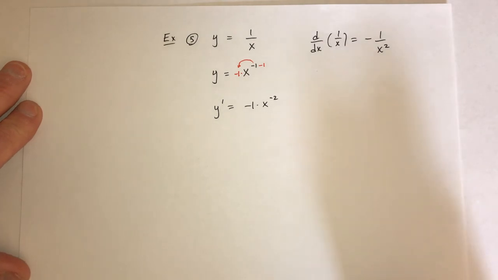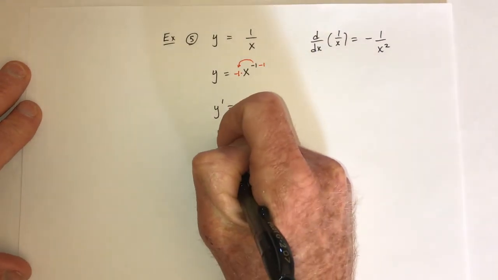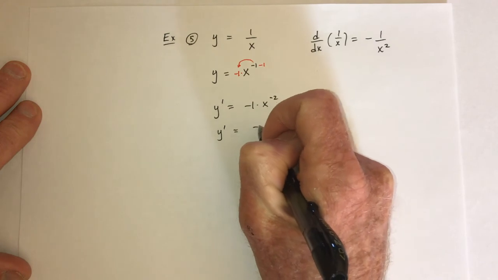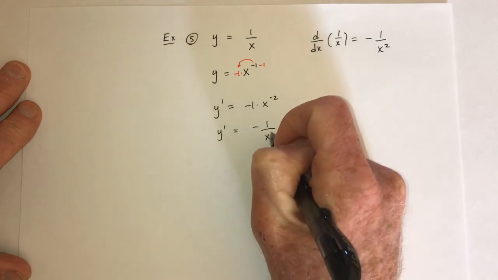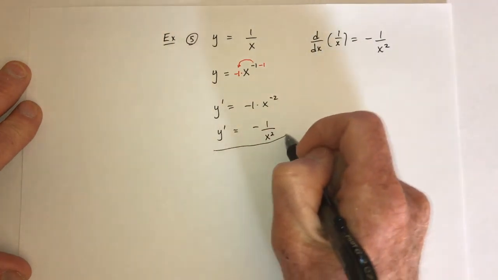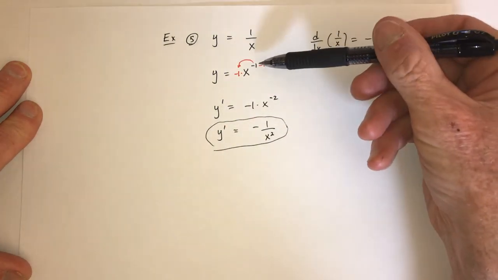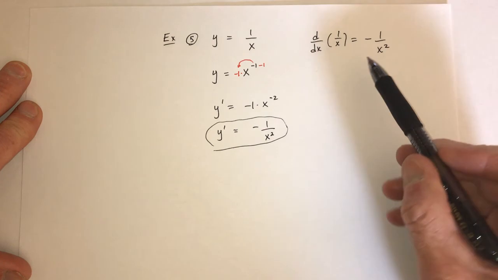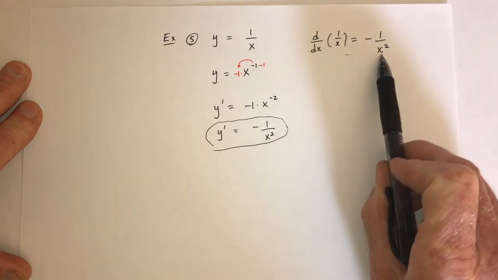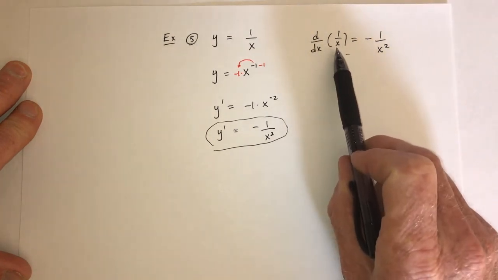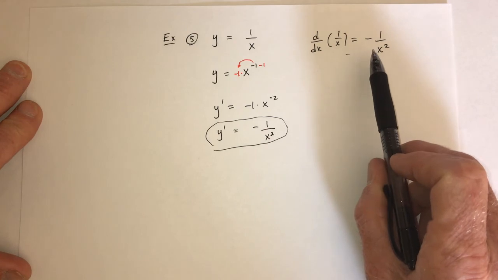And let's not leave that negative exponent there. So the final answer is negative 1 over x squared. So every time you run across 1 over x, you could go through these steps, or it'd be faster and better to just remember the derivative of 1 over x is negative 1 over x squared.